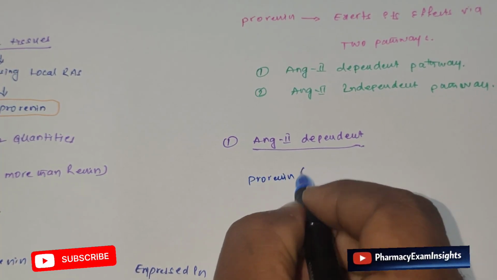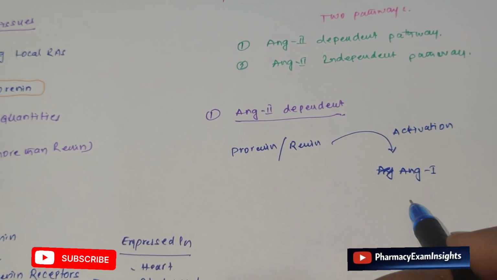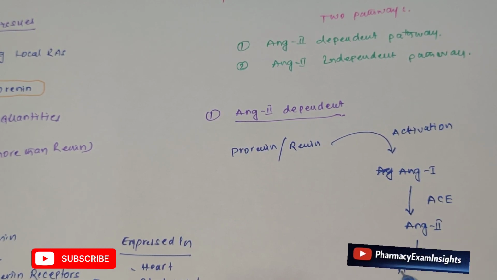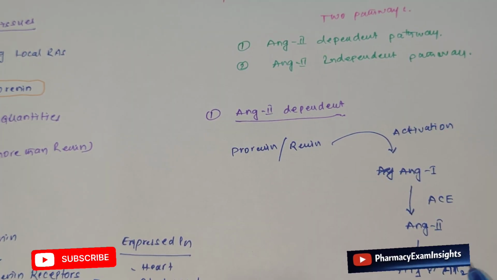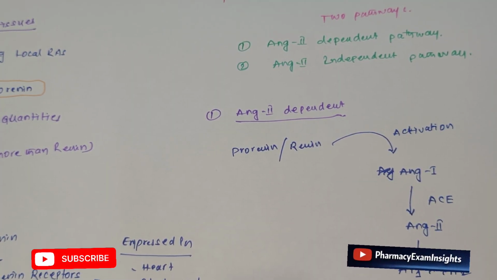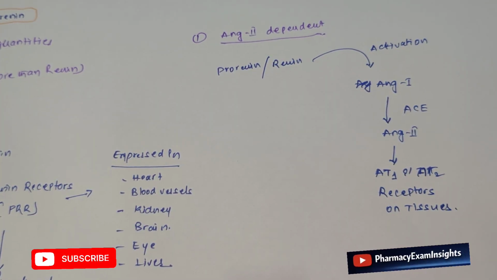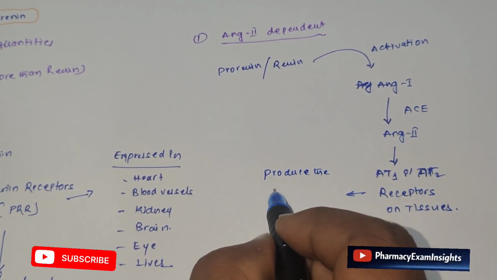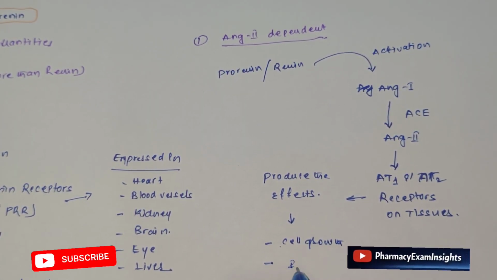When prorenin or renin are activated, angiotensin 1 will be produced, and due to angiotensin converting enzyme, angiotensin 1 will be converted into angiotensin 2. This angiotensin 2 acts on angiotensin 1 and angiotensin 2 receptors in tissues to produce the effects of cell growth, inflammation and apoptosis.